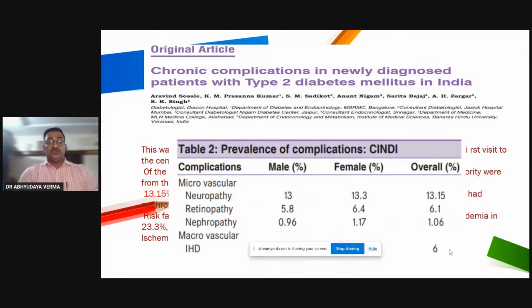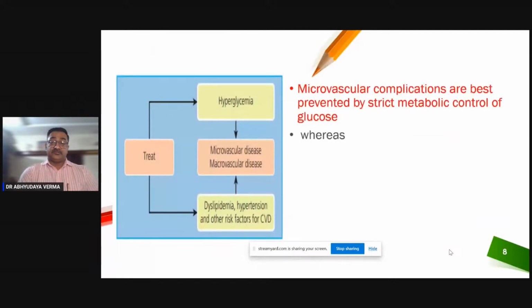Here you can see these are all the prevalence of complications: neuropathy 13%, retinopathy 6%, nephropathy 1%, ischemic heart disease 6%. So this is, you can see, from the beginning in newly diagnosed type 2 diabetic patients.